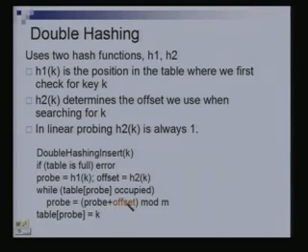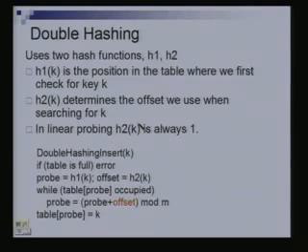Probe is set to probe plus offset, and if this is also occupied, then the next location is probe plus offset again. So offset determines how much distance I advance every time I don't see the element that I am searching for.